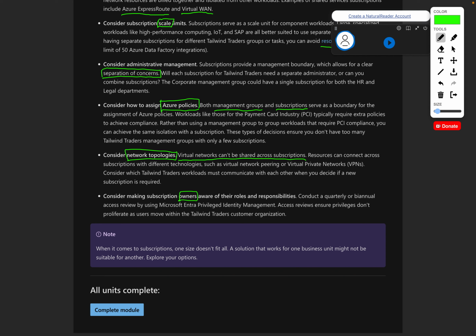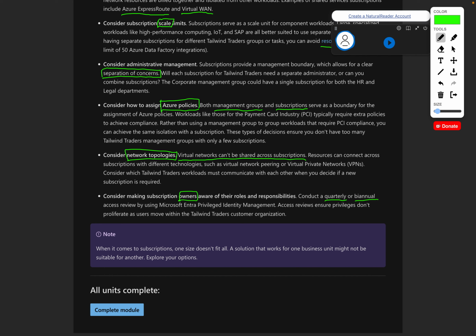Therefore, usually each subscription will have a certain owner, and it is suggesting that we do a quarterly or biannual access review to make sure anybody that has certain access within the subscription still needs that access, and we're not breaching any compliance, because of course Azure always recommends staying with the least privilege access level.